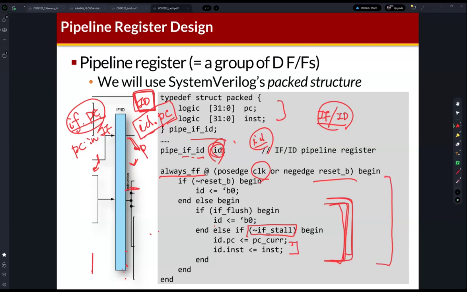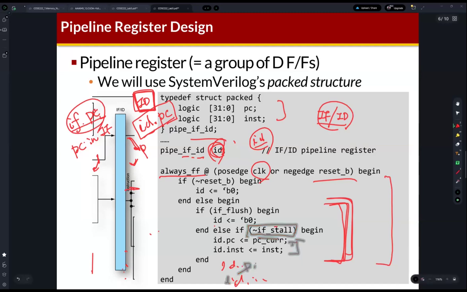It is possible for the synchronous design, because if stall is true, then ID.pc and ID.inst are not changing. So we don't need to define this case in the synchronous design. That's why I just define the normal case.